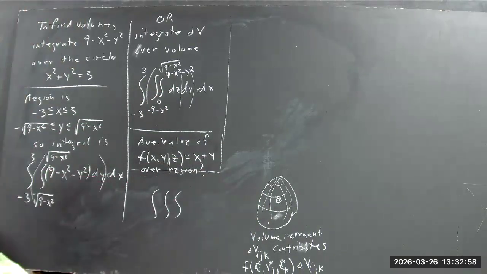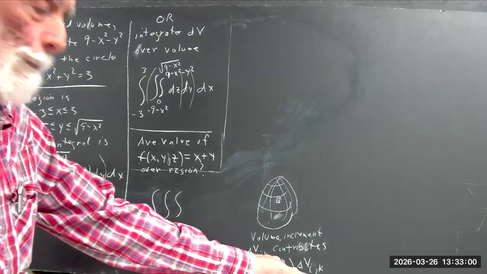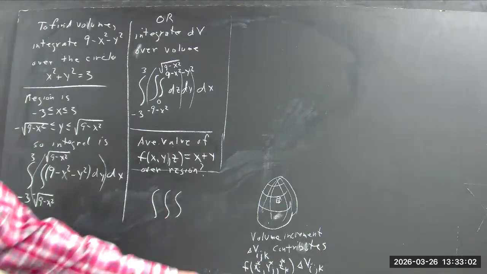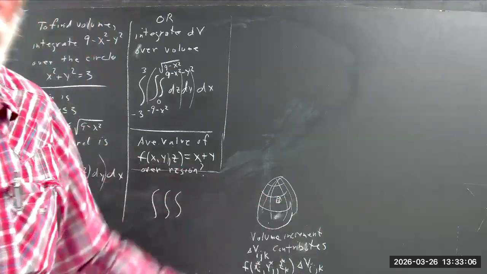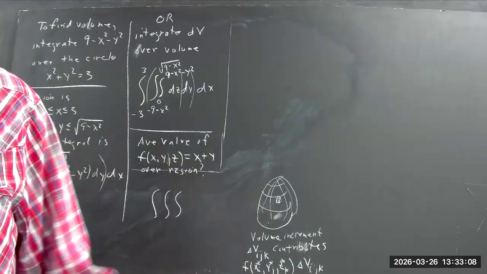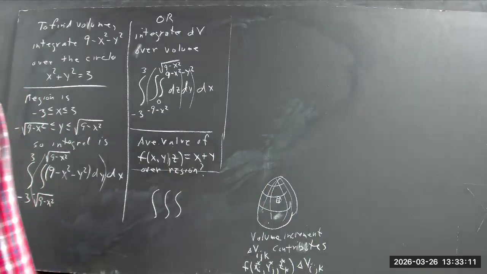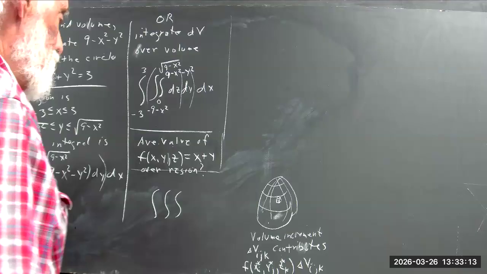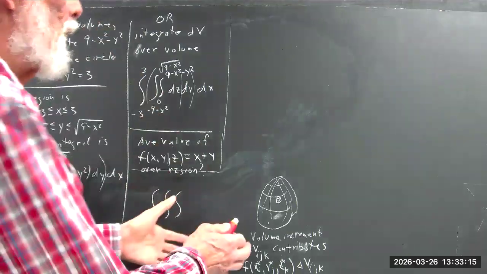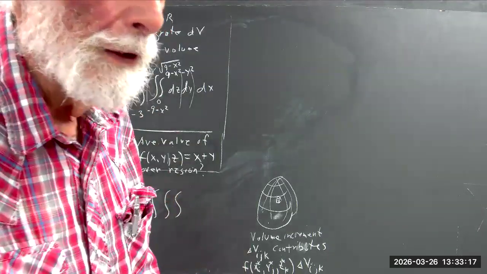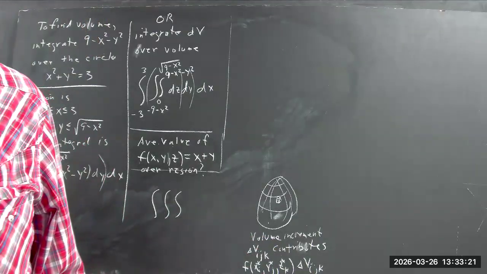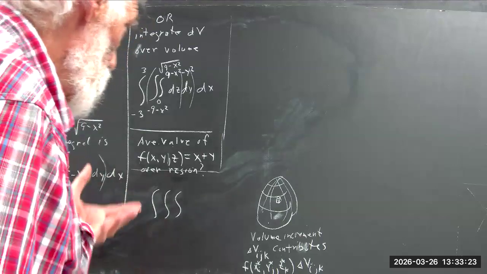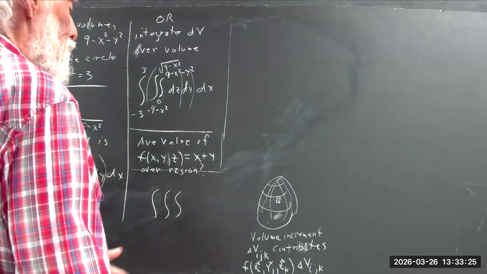One single increment contributes this. If this is density, then it's the density at your sample point multiplied by your volume, which gives you mass. If it's heat content per unit of volume, it gives you the amount of heat in that volume, among other things.